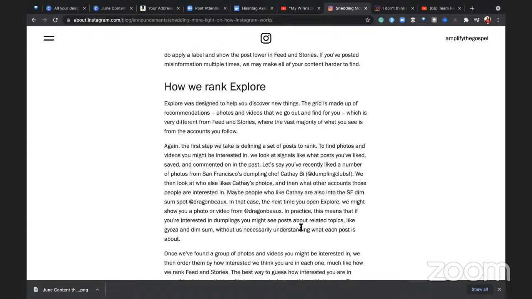Let's say you've recently liked a number of photos from San Francisco restaurants. We then look at who else likes those photos and what other accounts those people are interested in. Maybe people who like those are also into the SF dim sum spots.